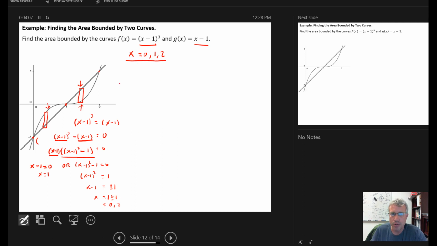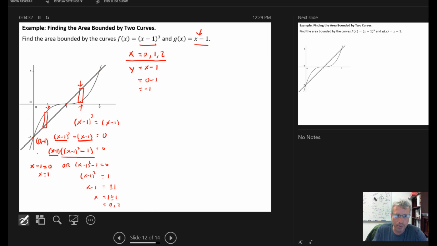And then what I would have to do is come up with the y coordinates that go with these x coordinates. And probably the linear function would be the easier one to use. You have this y equals x minus 1 kind of guy sitting there. So just plug the numbers in. Plug in a 0, you get 0 minus 1, which is negative 1. So we get the ordered pair (0, negative 1), which is showing up right here.